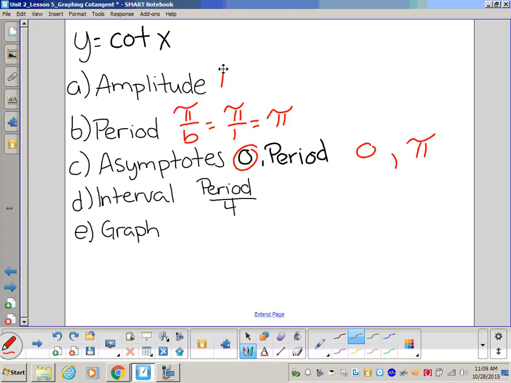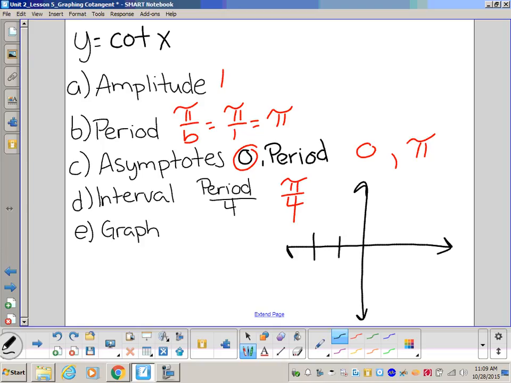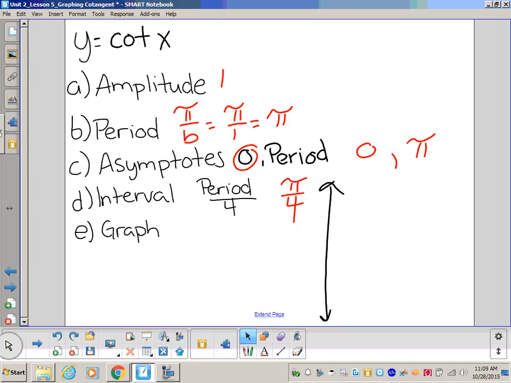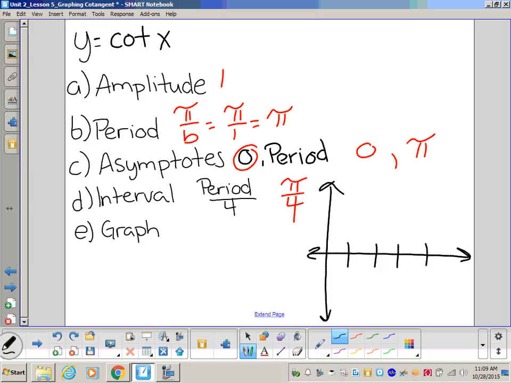The interval is the same as it's been since we started graphing. We take the period and divide it by 4. So our first asymptote is just naturally there.